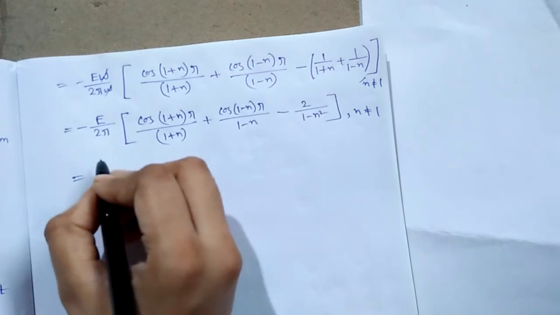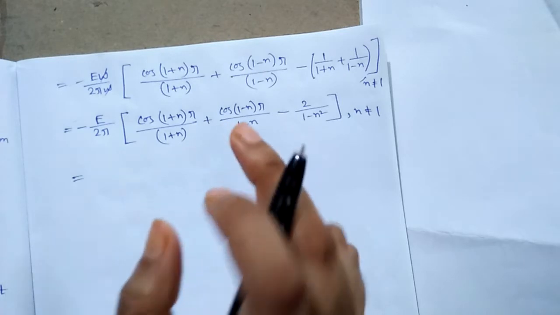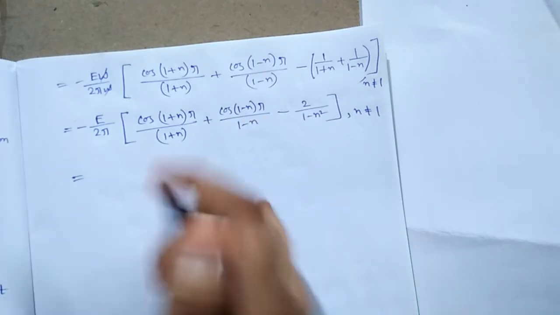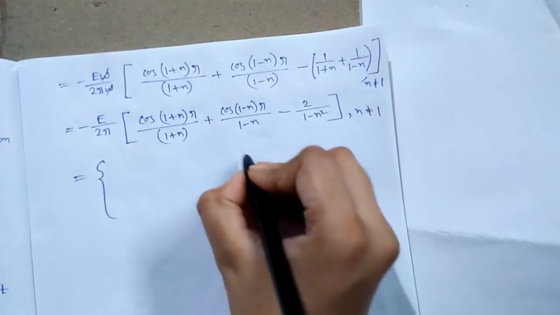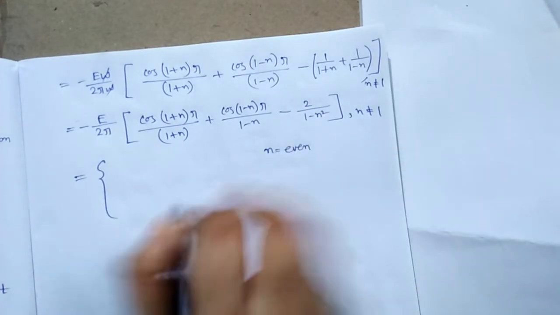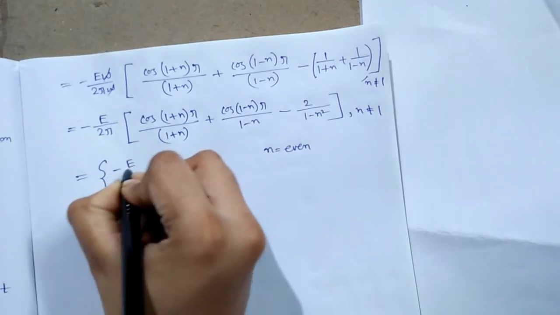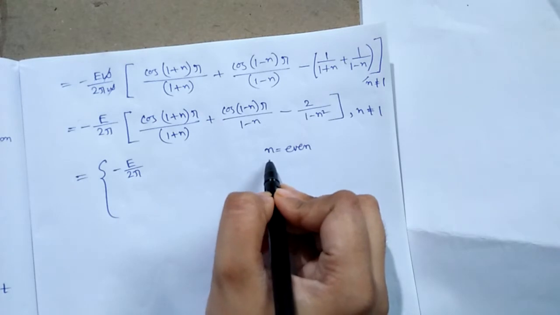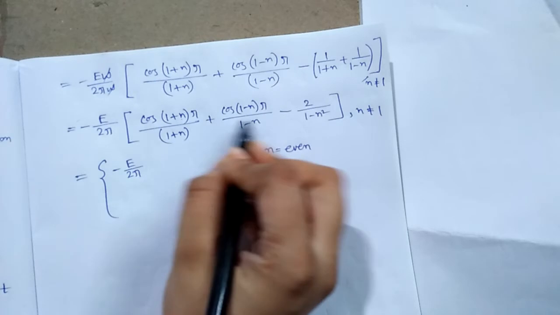So now we have to split up in two sections, one for the odd value of n and another for the even value of n. See, suppose n equal to even. So when n is even, what happens? Minus e by 2 pi. Say n equal to 2, then put the value of n in this line.